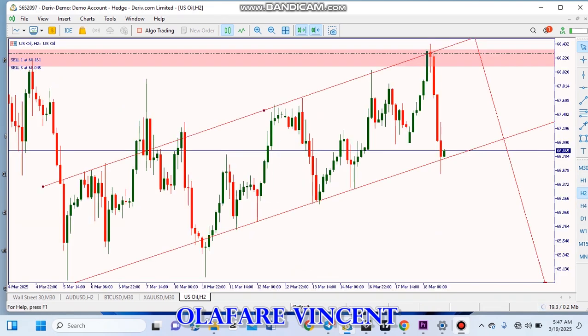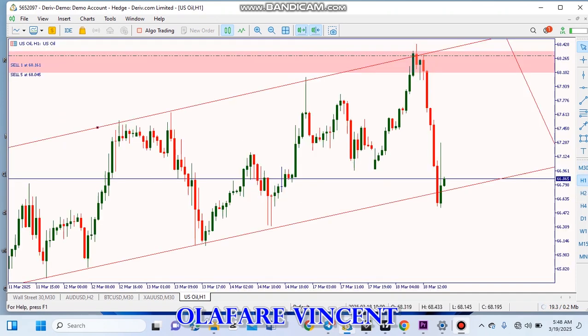Then I came to my 2-hour time frame. The market was still bullish, so I had to wait. My entry time frames are 1 hour and 30 minutes. On 30 minutes, I was waiting for market reaction.